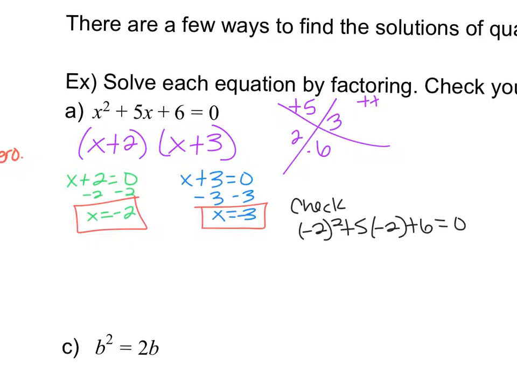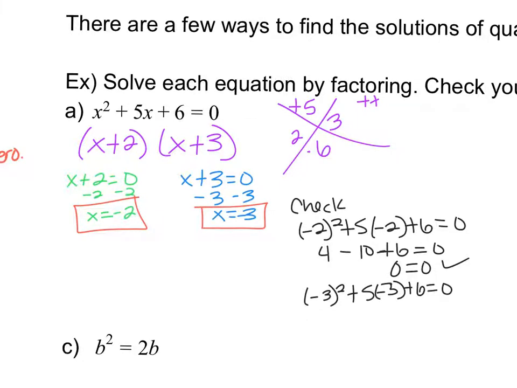That would be positive 4 minus 10 plus 6 would equal 0. 4 and negative 10 is negative 6. Negative 6 and positive 6 is 0, so this would be 0 equals 0. Check. That one works.